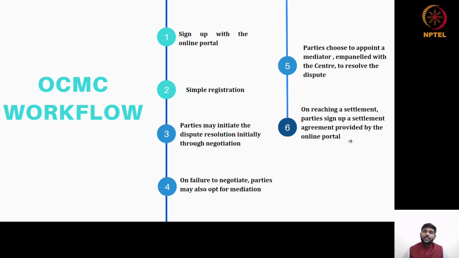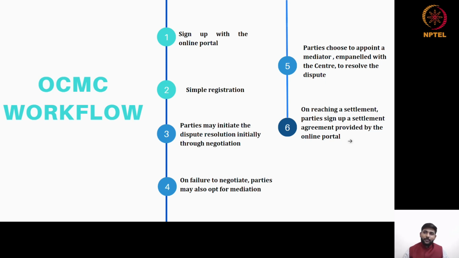Once he registers, a verification email is sent to the email ID provided by the consumer, wherein the OTP verification was provided. Once he registered, if he wanted to file a complaint with the Online Consumer Mediation Center, he was required to pay a minimal amount of rupees 100.